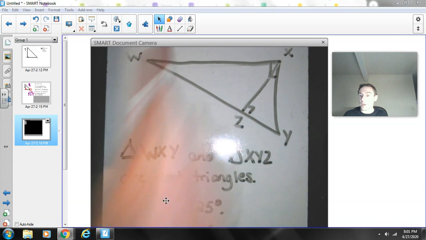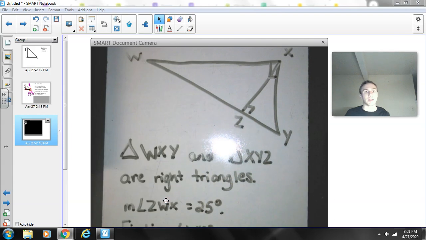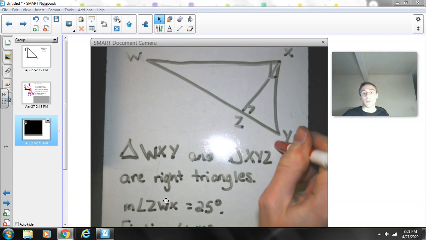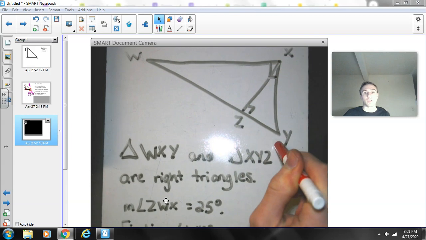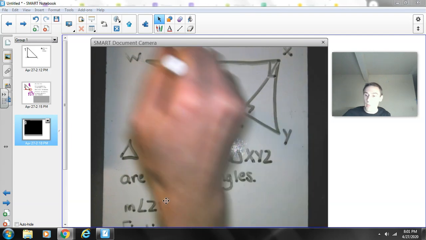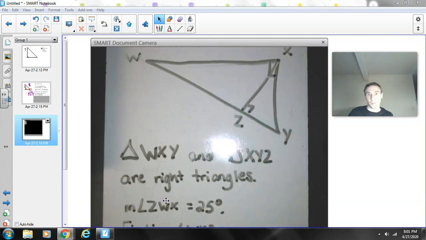WXY. So when I say triangle WXY, it's not like angle WXY where we say, oh, we start at W, we go to X, and we end at Y. In triangle WXY, we start at W, we go to X, we go to Y, and then we swing back over to W to complete the triangle. Okay, I also have triangle XYZ.